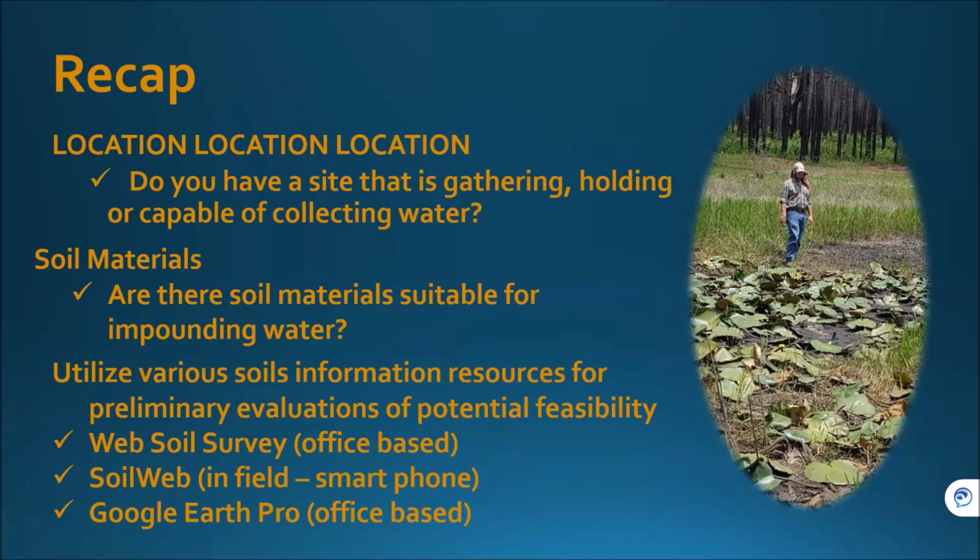And then, once again, utilizing the web soil survey to do some preliminary evaluations, some soil web information. If you're out there on site, you want to know right now what's going on. And then just Google Earth Pro to do some historical review of the site and things like that. So next slide.